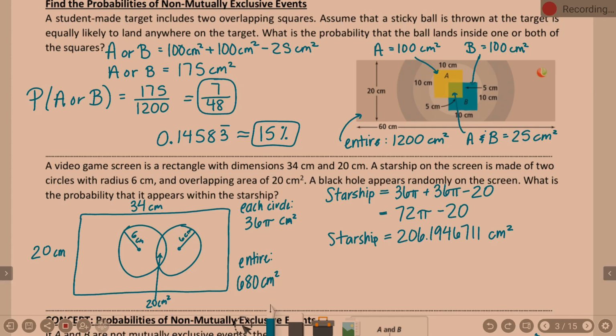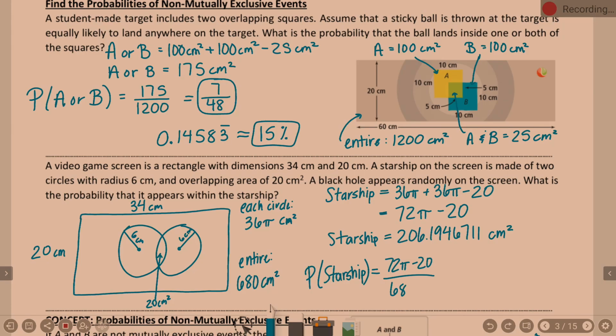Okay, so now, in order to do the probability of the black hole landing in the starship, what are we doing? You can either think that 206 number or the 72 pi minus 20 number divided by 680.